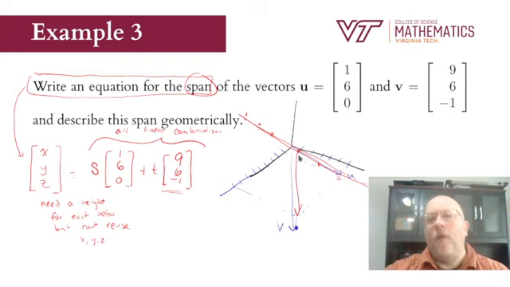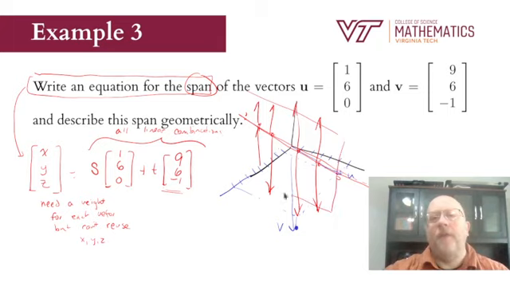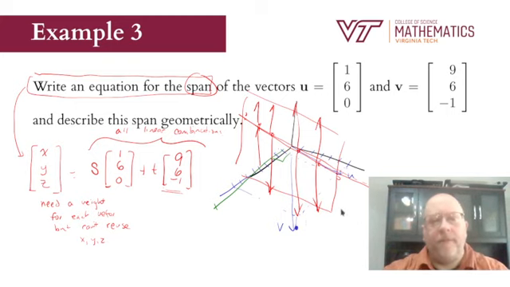So I can go from any point any amount I want to in these directions. And so that generates a plane that travels in the u direction and the v direction, but again, does not travel in a direction that's perpendicular to that plane.